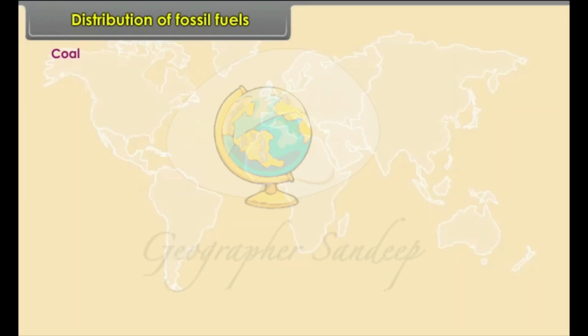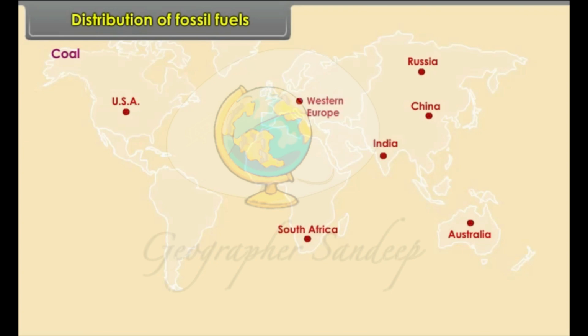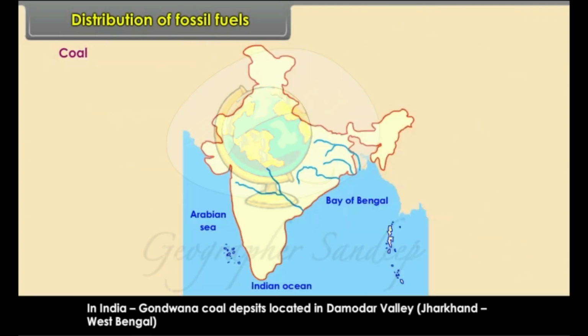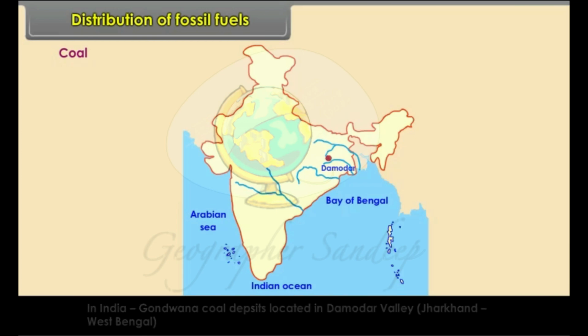Coal. World distribution: Russia, USA, China, Australia, parts of Western Europe, South Africa and India. In India, Gondwana coal deposits are located in Damodar Valley, Jharkhand and West Bengal.